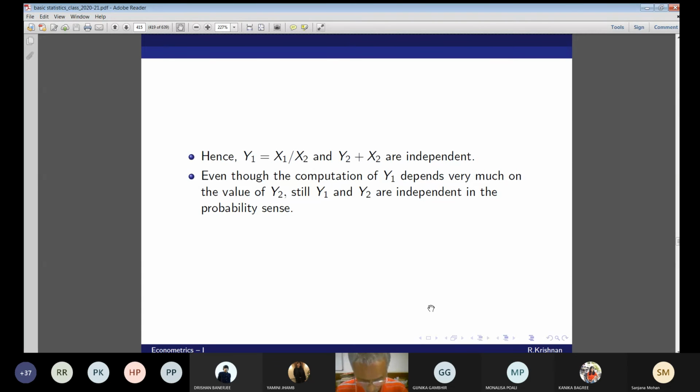Okay, quickly, what will be the Jacobian, through the inverse function?